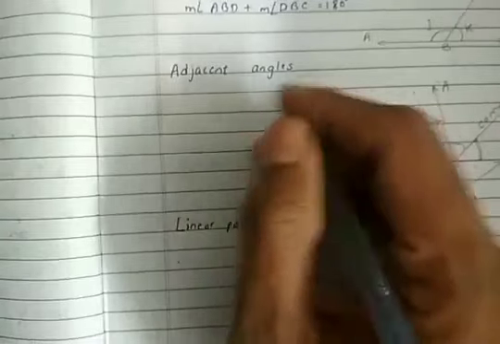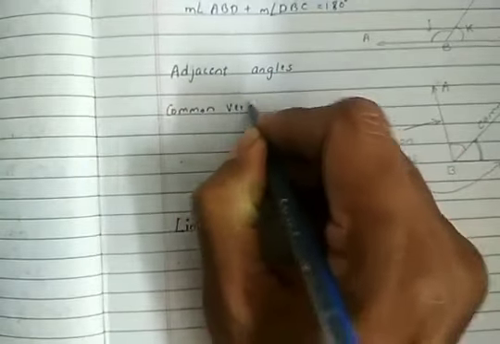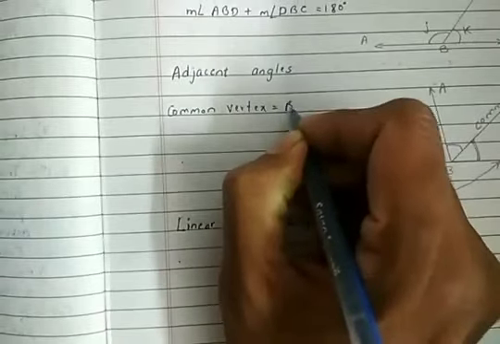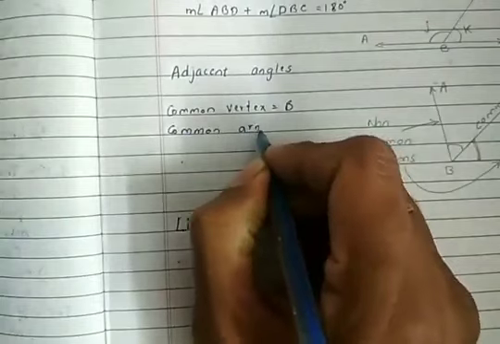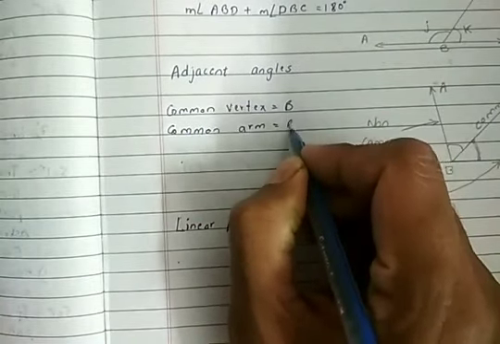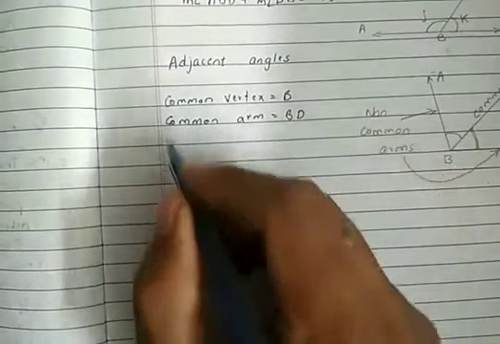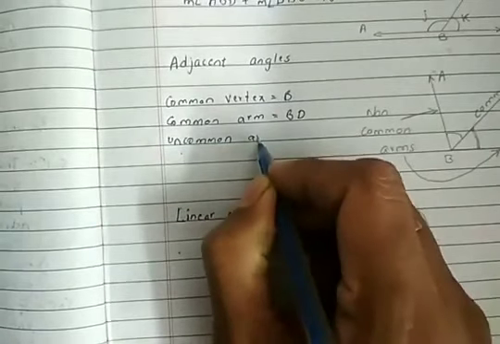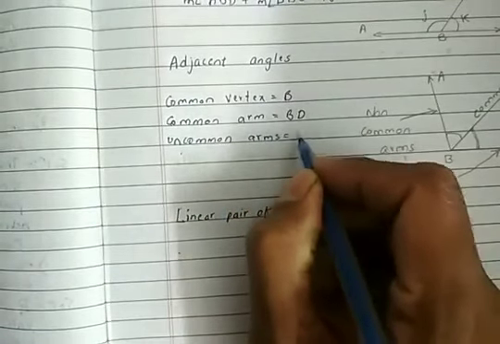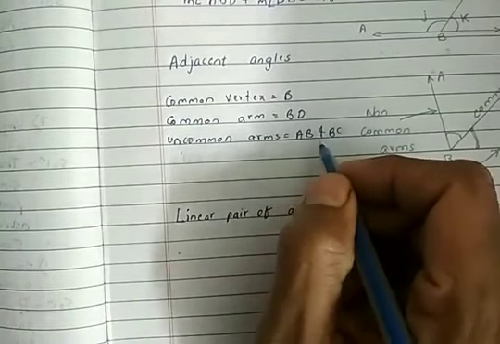Let's write it down. Common vertex is B and common arm is ray BD and uncommon arms are ray AB and ray BC.